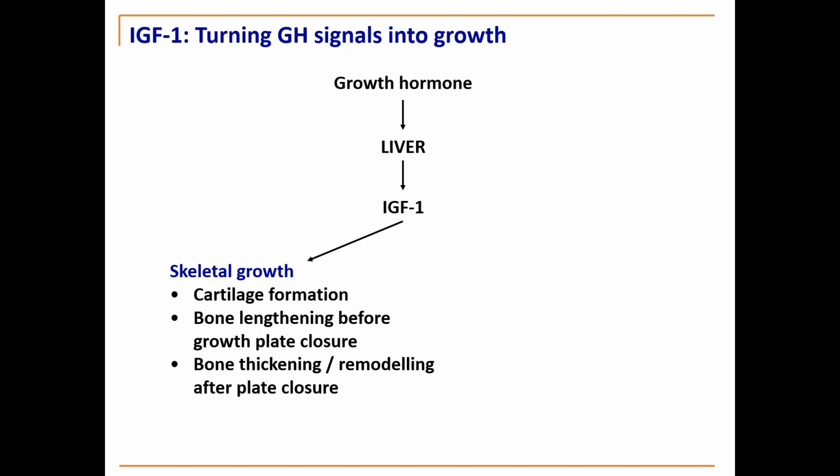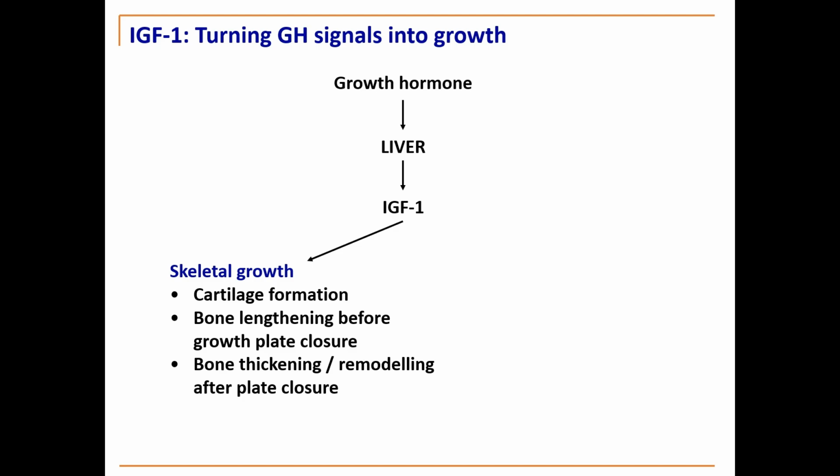In growing children, IGF-1 promotes expansion of the cartilage within the growth plates. So that is what allows linear bone growth, so the bones get longer. After growth plate closure, further increases in growth hormone and IGF-1 cause tissue enlargement and bone thickening, rather than increased lengthening of the bone, because the bones are no longer capable of being linearly expanded, because the growth plates have closed.